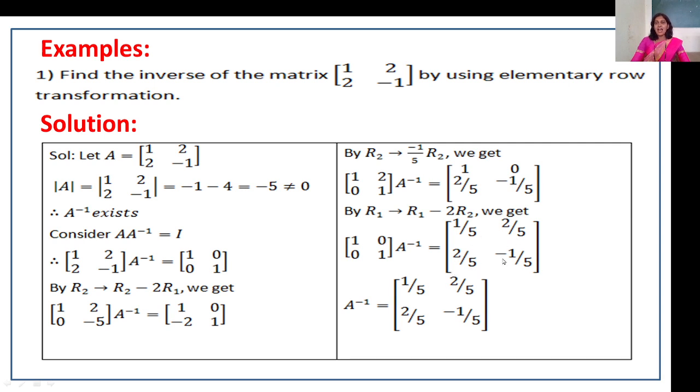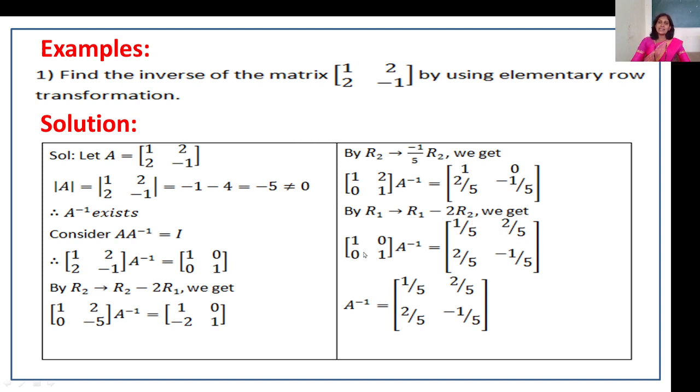R2 is kept as it is, there is a change in R1. That means 1 minus 2 into 2 by 5, that is 1 minus 4 by 5, which is 1 by 5. Here 0 minus 2 into minus 1 by 5: minus minus gets plus, that means 2 by 5.